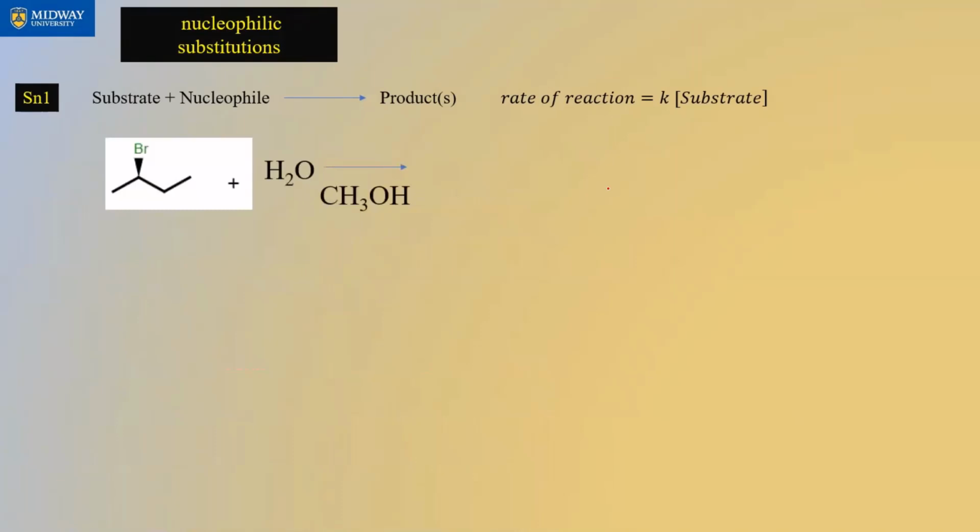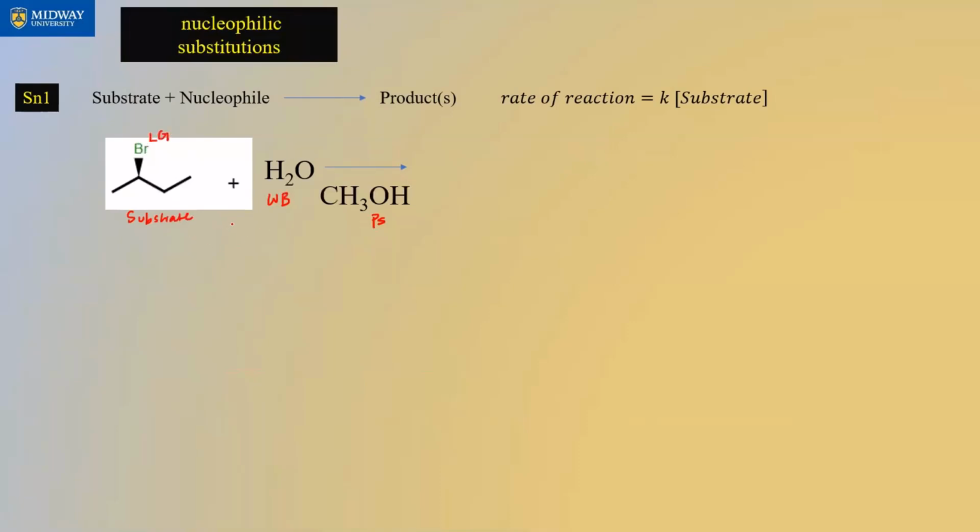So here's my substrate containing the leaving group, and this is a weak base, and it's carried out in a protic solvent, right? This is my protic solvent, this is my weak base, this is my substrate, and this is my leaving group. Now, we'll worry about R or S later.